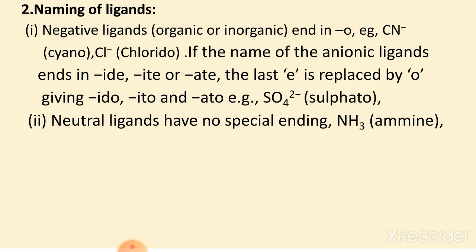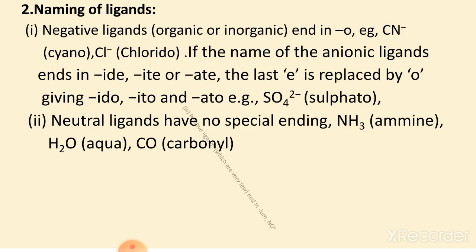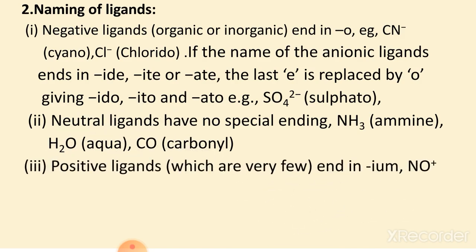Then, dear students, neutral ligands have no special ending. That is, NH3 is known as ammine, H2O is known as aqua, CO is known as carbonyl. I also told you some other names of neutral ligands in the second lecture. So see the PPT video of the second lecture to find the names of ligands and the charges on the ligands.